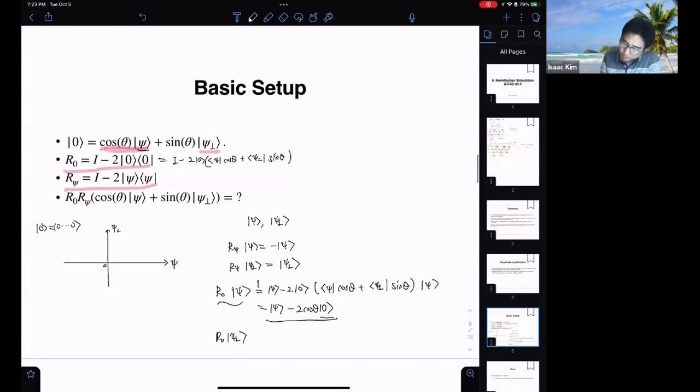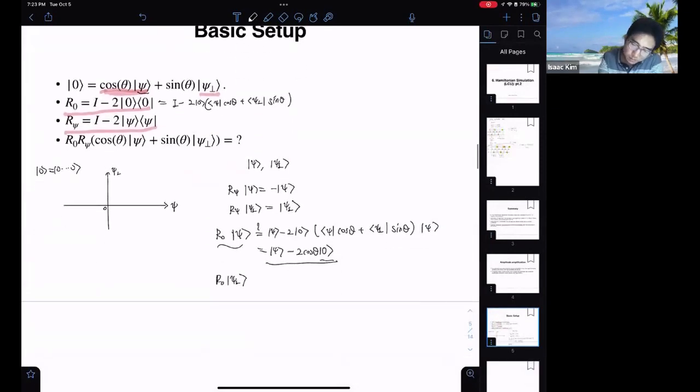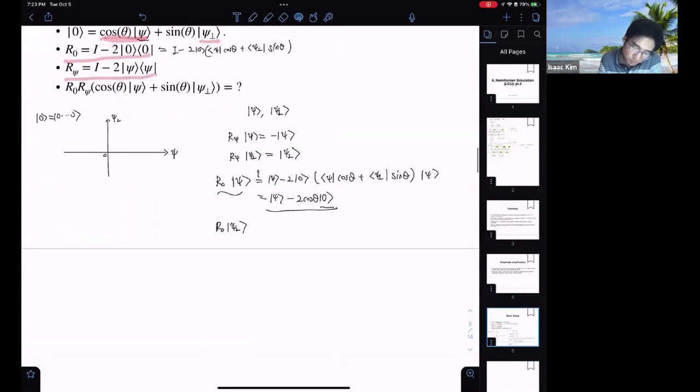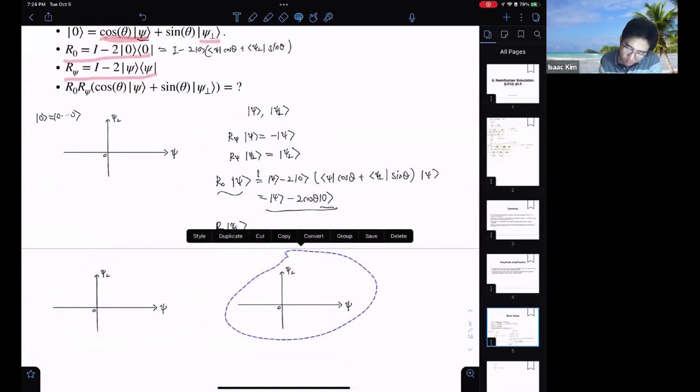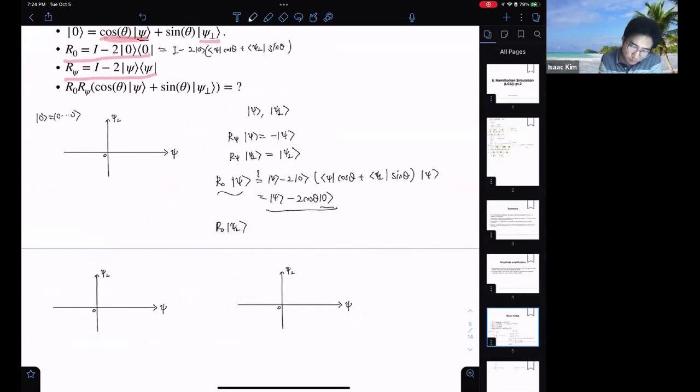So what is R psi? Suppose we have an arbitrary vector like this.